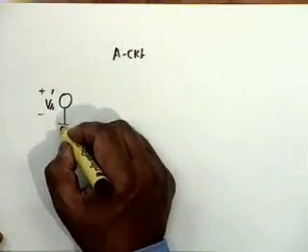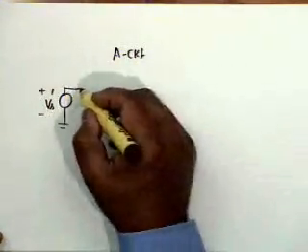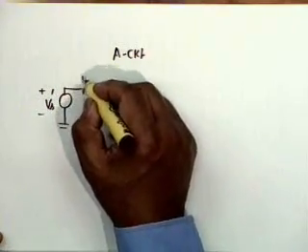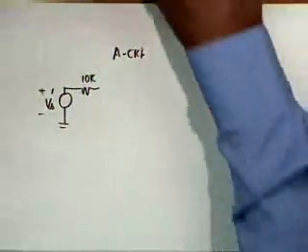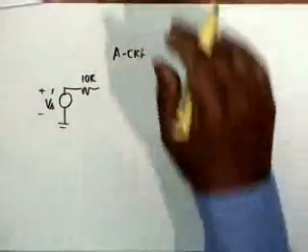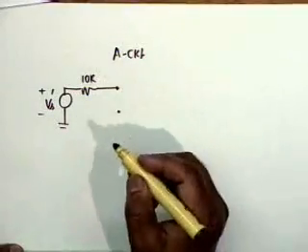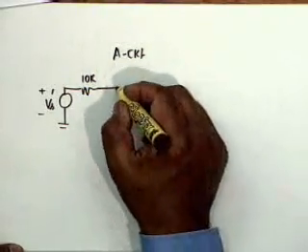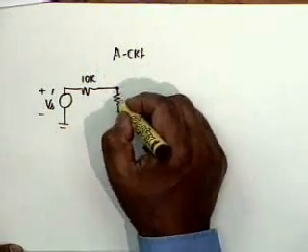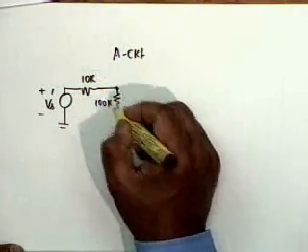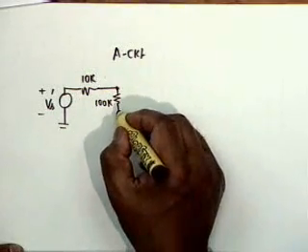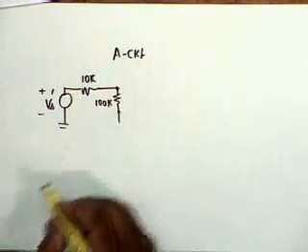Now comes the question of the model. My source resistance is 10K. Then comes the two terminals of the differential amplifier, between which there is a resistance of 100K, that is RID given as 100K. Then we have a 1K.